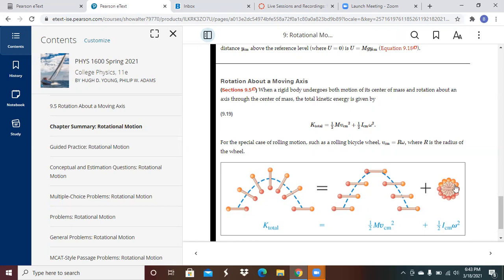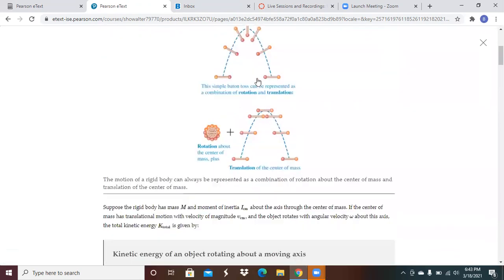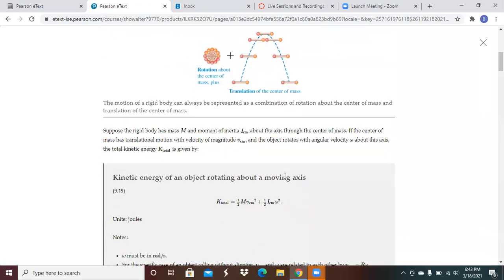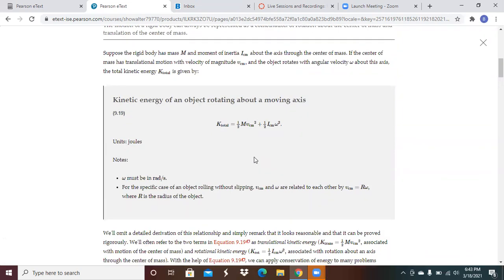And we can add to that any energy that comes about when you add rotational motion. So the kinetic energy from both of those needs to be added together. Ultimately, this graph is representing what I just talked about. This is the same thing here.